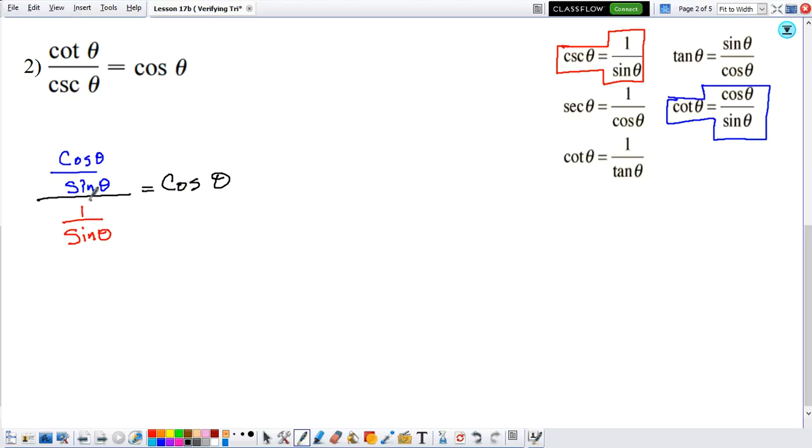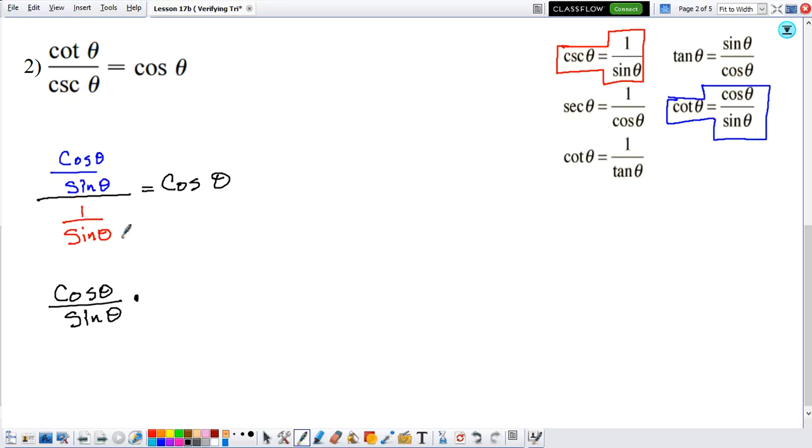Again, when you're dividing by a fraction, that's the same as multiplying by the reciprocal. So now we have cosine divided by sine, and we can apply keep, change, change. Instead of dividing, I can multiply by the reciprocal of the denominator.